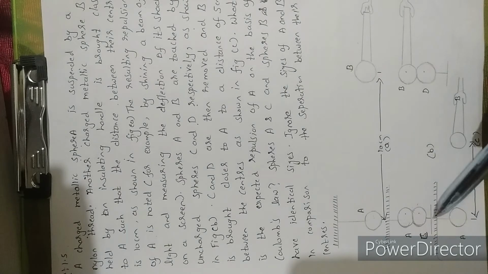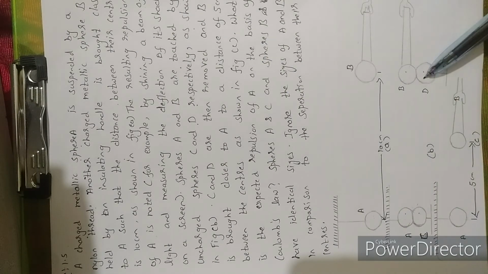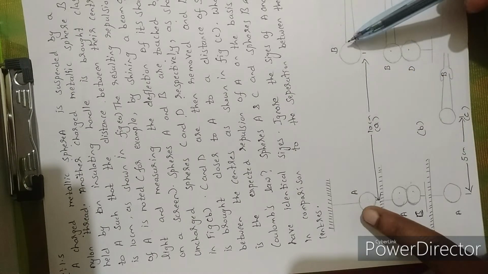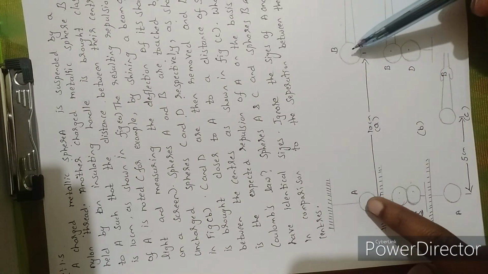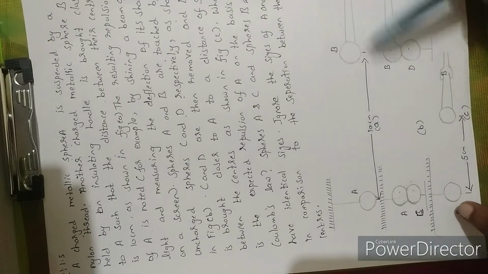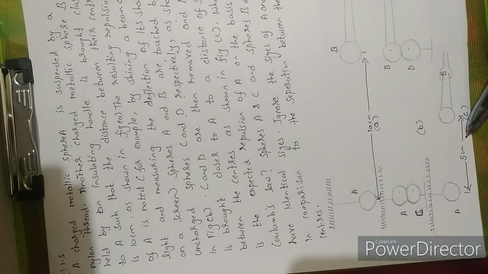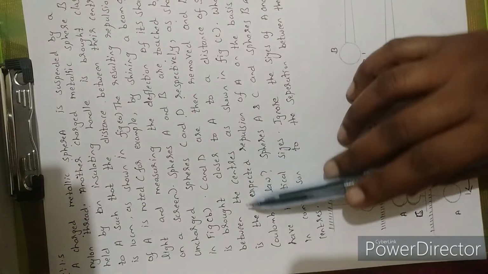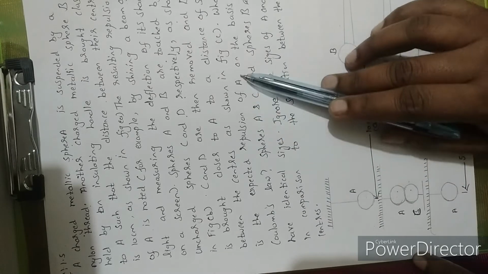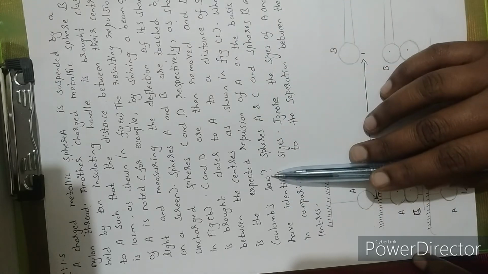So now what have they done in the third diagram? They have removed C and D. See, in the first figure, the distance between the centers was 10 centimeter. Now they have reduced the distance between the two spheres to 5 centimeter, between the centers, as shown in figure C. What is the expected repulsion of A on the basis of Coulomb's law?